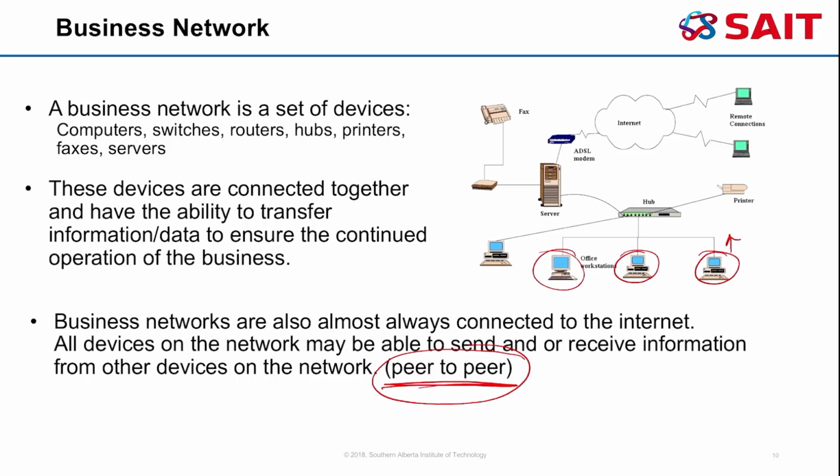It's a problem when, because it's a peer-to-peer setup, we have two workstations trying to access the network at the same time. And this is where protocols are employed in a business network, in peer-to-peer, to handle those situations, with different protocols like CSMA and things like that.